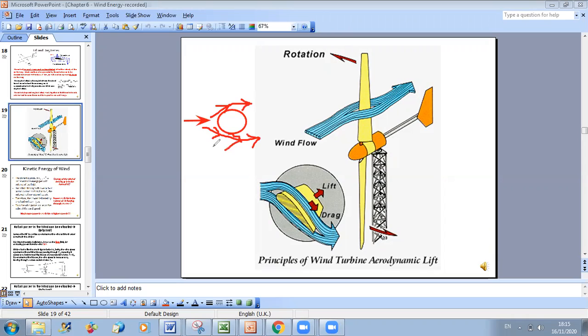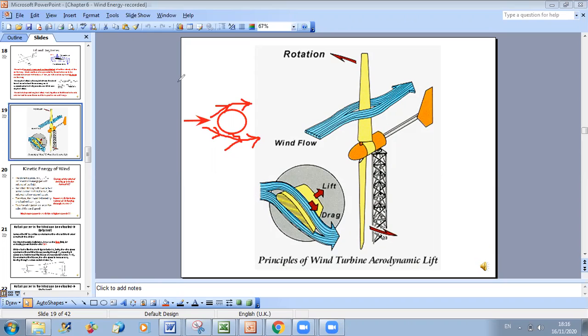So what we do is consider the fluid around the body, and we compute the resultant force acting on the body from the fluid, because as the fluid moves over the body, it will cause a certain action on it.